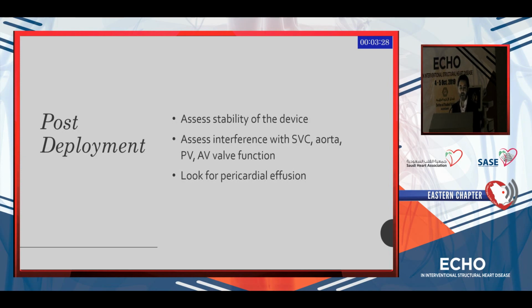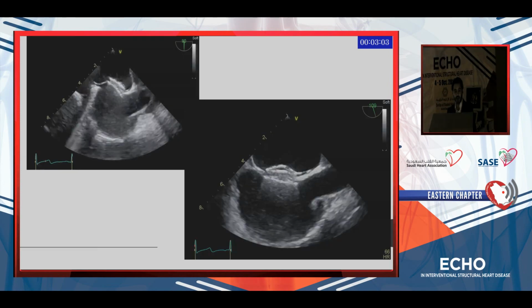After deploying the device, and before release, you assess the stability of the device, and assess interference with the SVC and the aorta. And this is not really relevant in PFO closure as compared to ASD closure, but also AV valve function. I mean the atrioventricular valves, mitral and tricuspid, but actually it's not really relevant here. And of course, after any procedure, look for pericardial effusion.